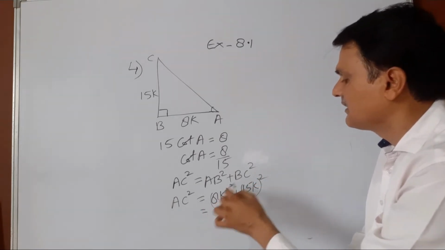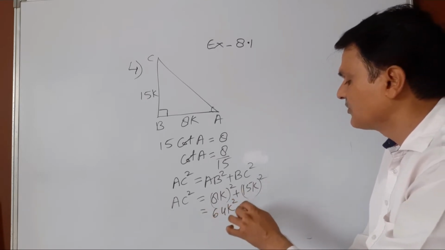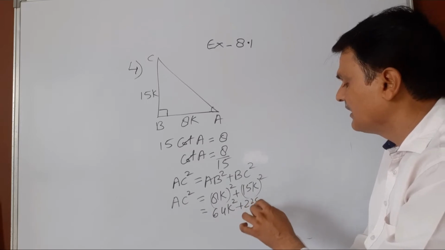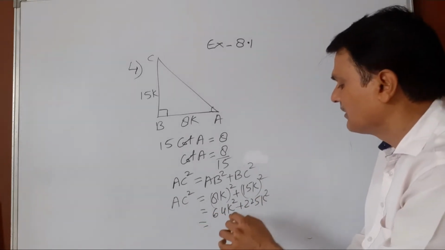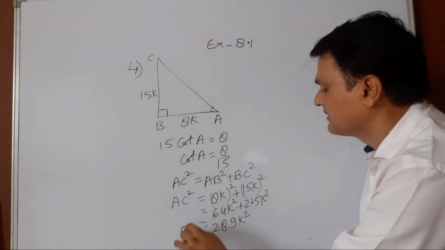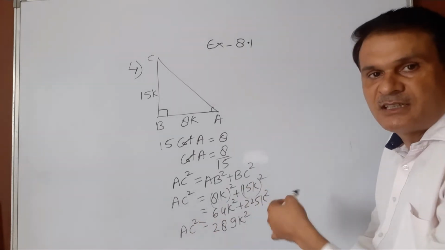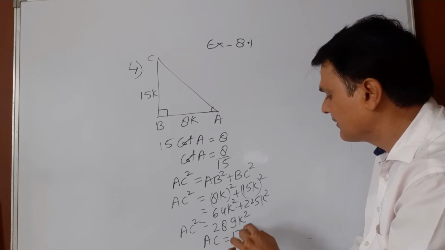Now 8K square is 64K square plus 15K square is 225K square. The total sums up to 289K square. This is AC square. Now by taking the square root, we get AC as 17K.